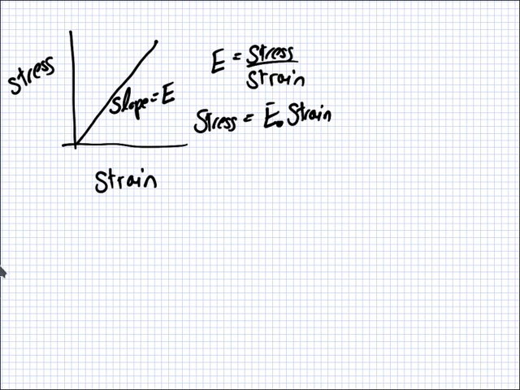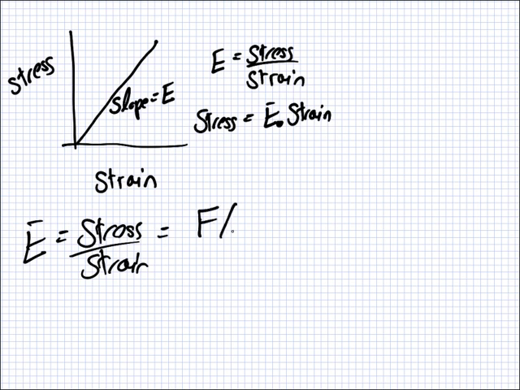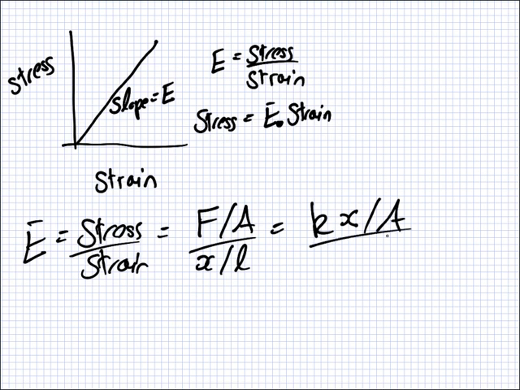So we know that E is stress over strain. And we know that stress is force over area and strain is x over L. What did Hooke say the force was? Kx over A, over x over L. So what can I cancel here?